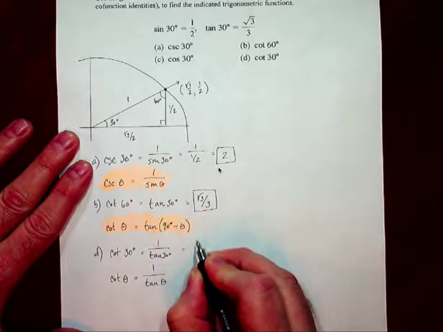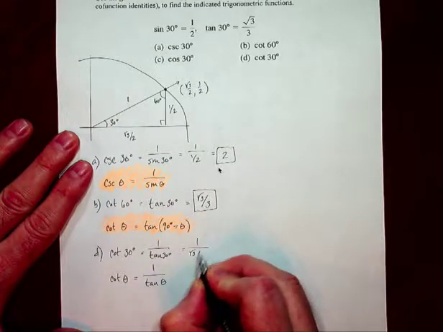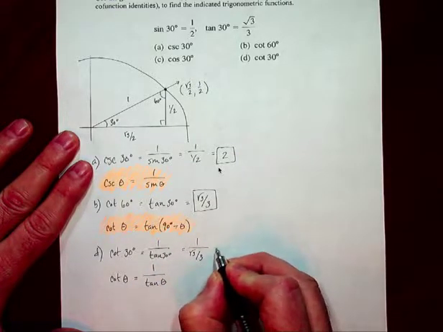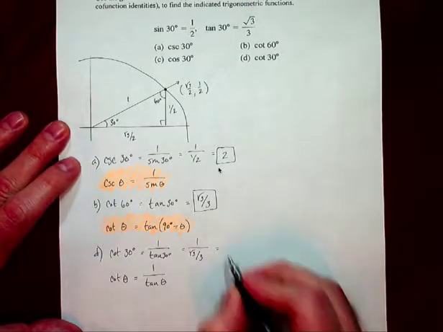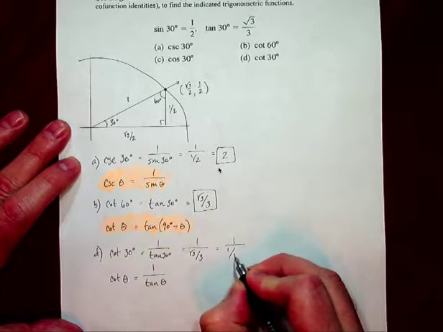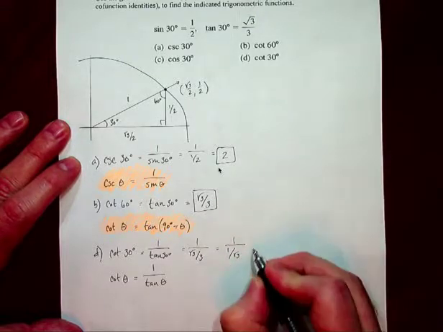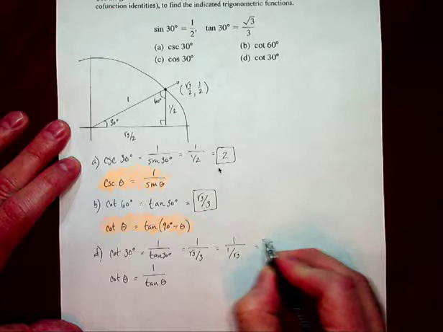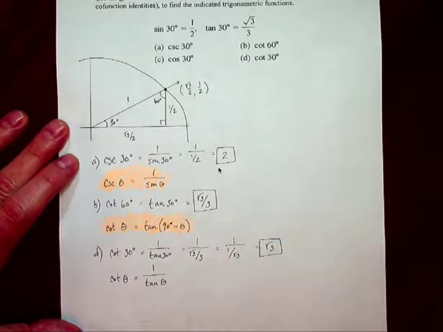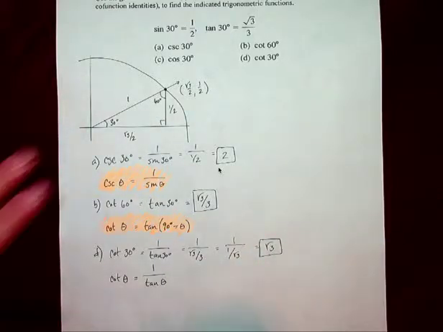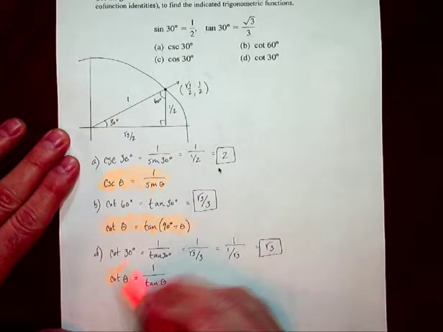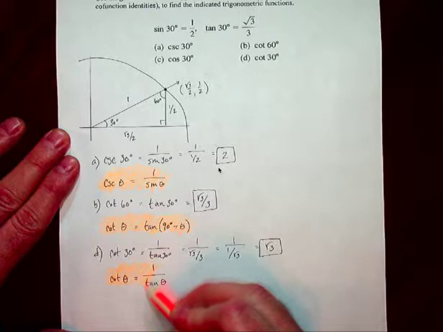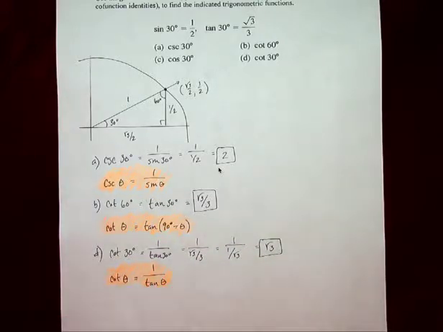And that means it's 1 over root 3 over 3. Or if you remember that this root 3 over 3 represents something that was rationalized, you get root 3. And we could have, again, used our cotangent ratio for 30 degrees, but instead we used a reciprocal identity.